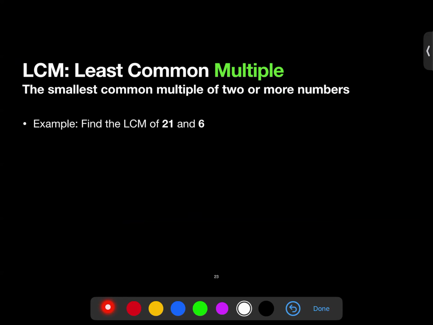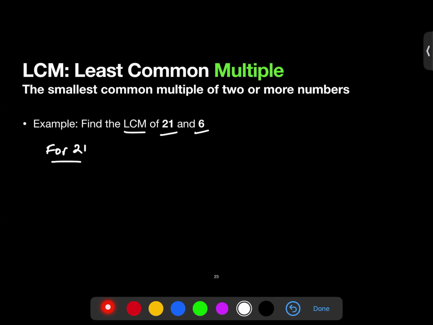So we want to find the LCM of 21 and 6. So we'll start by listing out different multiples of each of the numbers. So we'll start with 21. So what number do we test first? Always. Can anyone tell me?